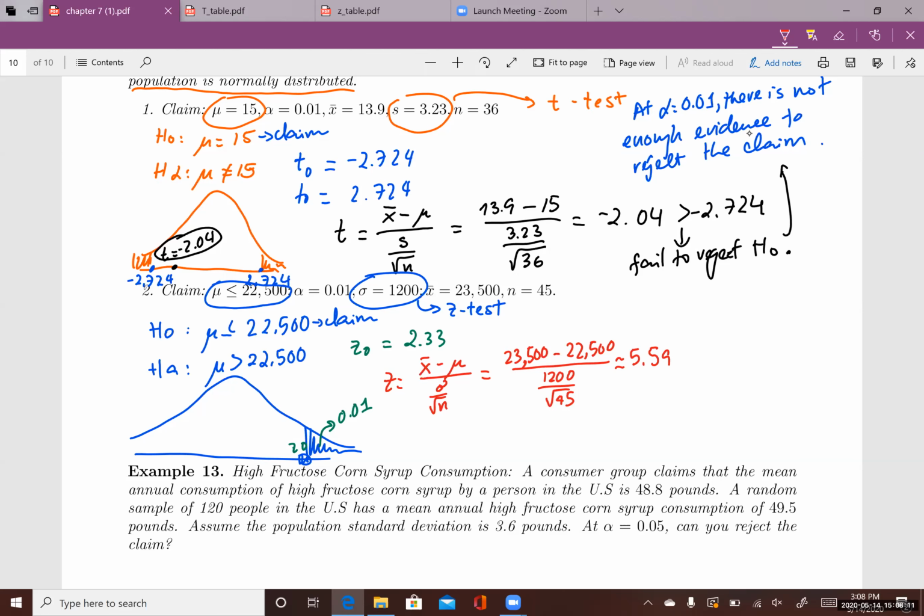So 5.59 should be around here, farther away. This is the z, and the z0 is only 2.33.